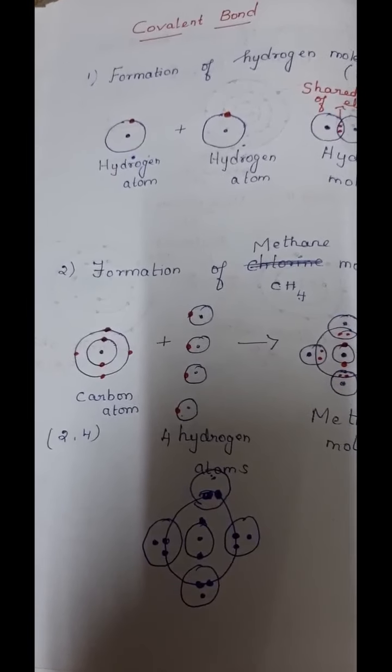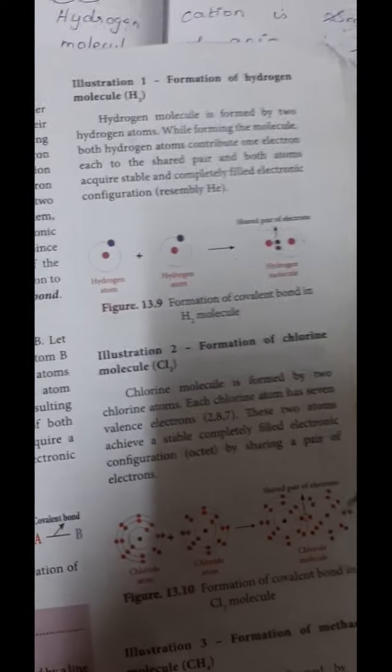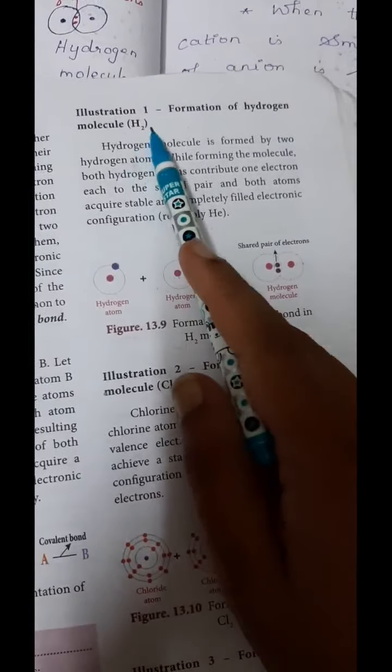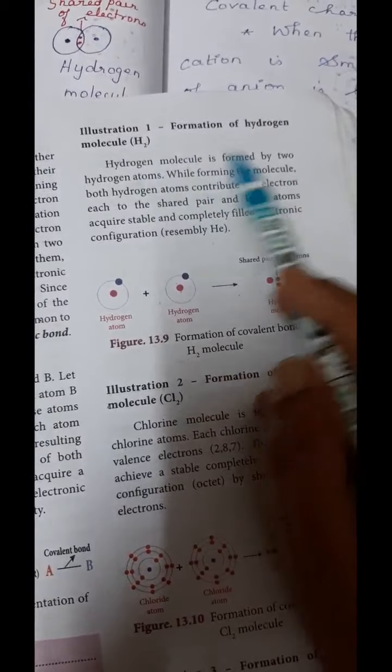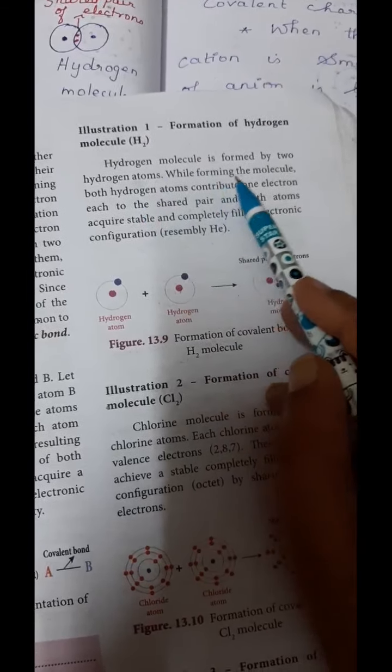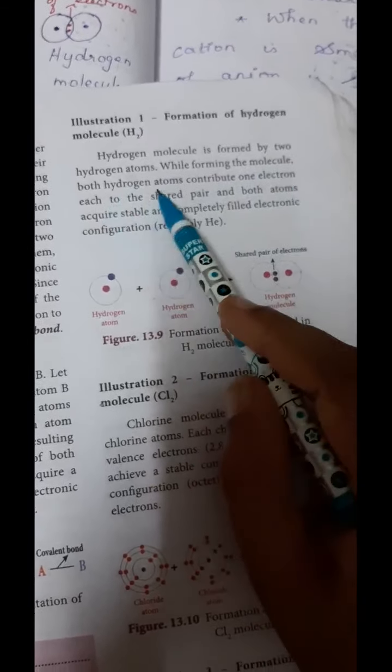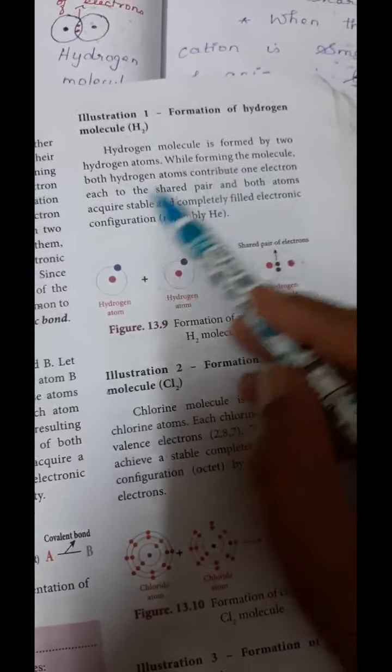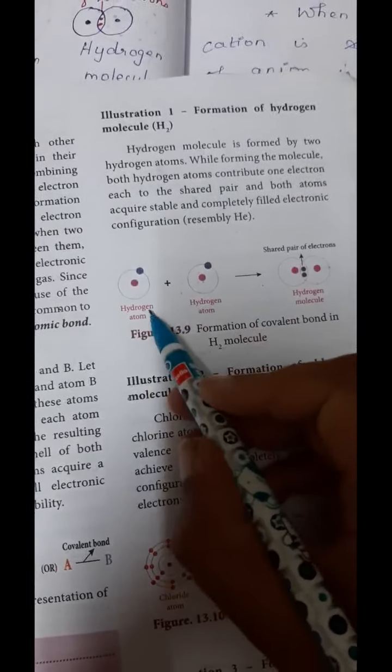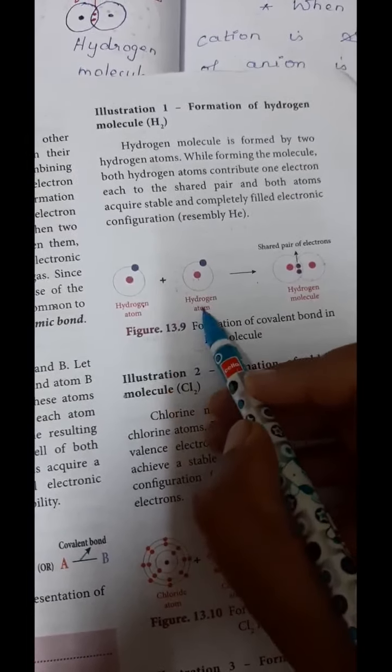We'll see what is given in your book, formation of hydrogen molecule. So hydrogen molecule is formed by 2 hydrogen atoms. While forming the molecule, both hydrogen atoms contribute 1 electron. This is a hydrogen atom, this is a hydrogen atom.